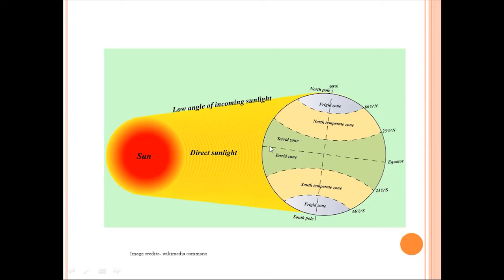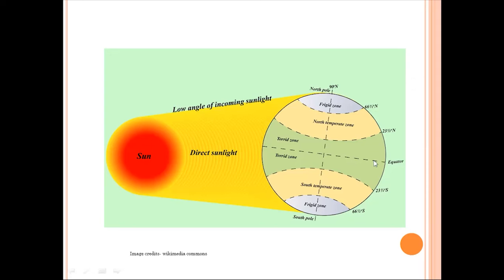So the temperatures are high. High temperature, greater rate of evaporation. More evaporation, more rainfall. So in these regions the climate is mostly hot and humid. And essentially, the climate influences the type of biotic community that is found. So you will get here equatorial and sub-equatorial forests.